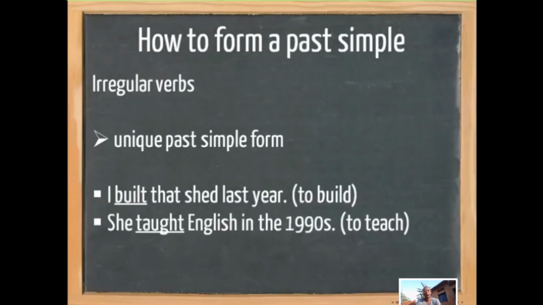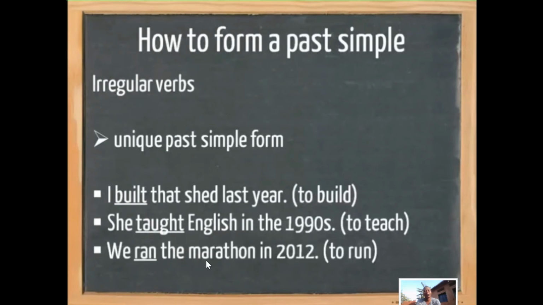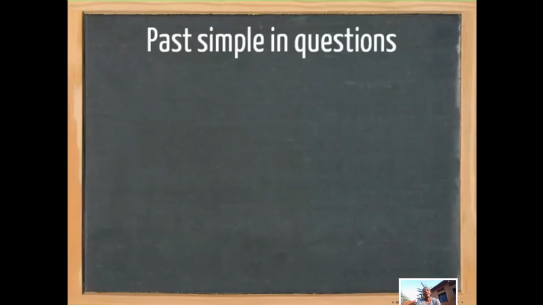On teach, we would say, she taught English in the 1990s. On learn, we say, she learned the marathon in 2012. To understand more on irregular verbs, check the lesson we ran and check the irregular verbs list which I have given you.